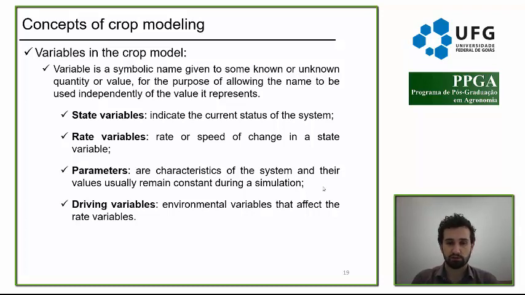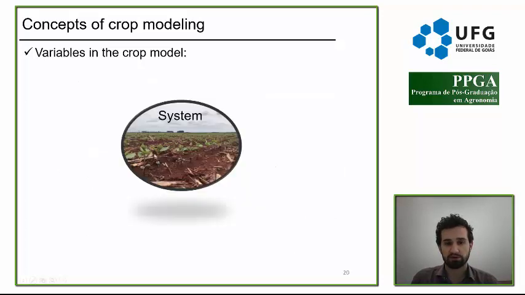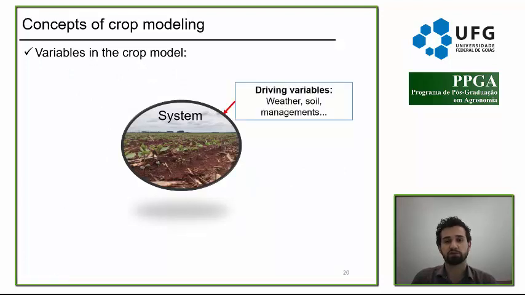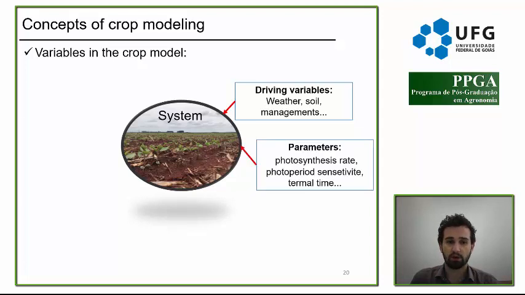To make it easier to understand, here we have an example from our system. We have our driving variables here, so weather and soil management. This is all information that I need to provide to the model as an input in the system, so you need to measure this.